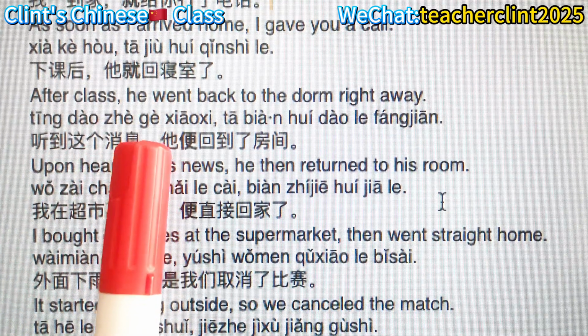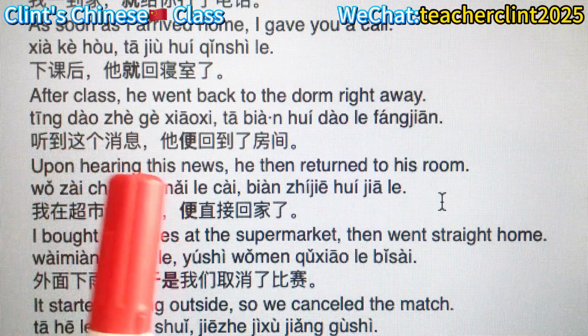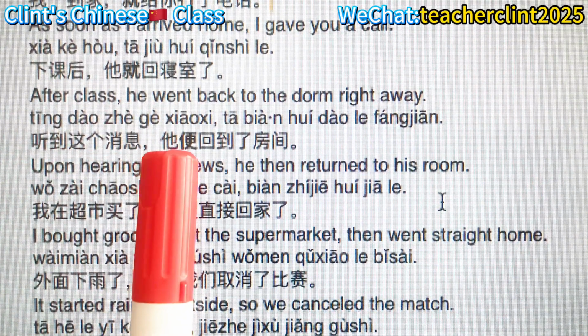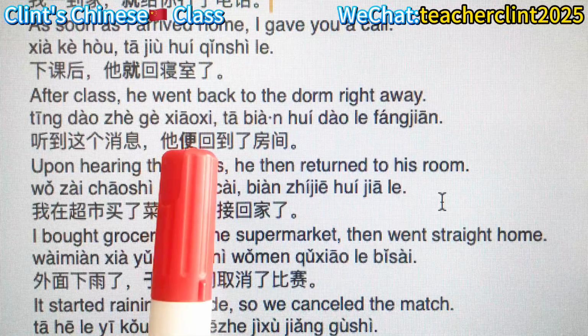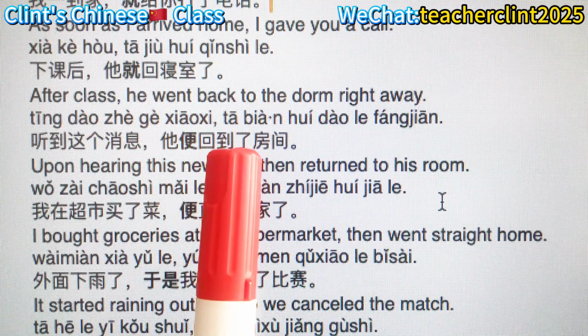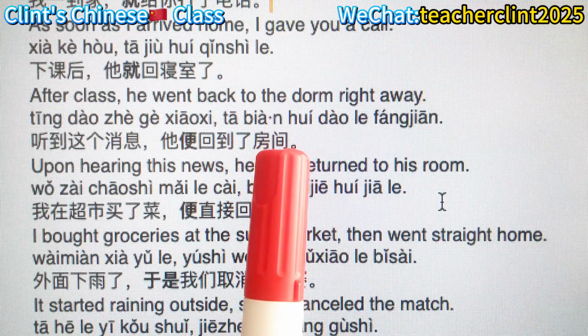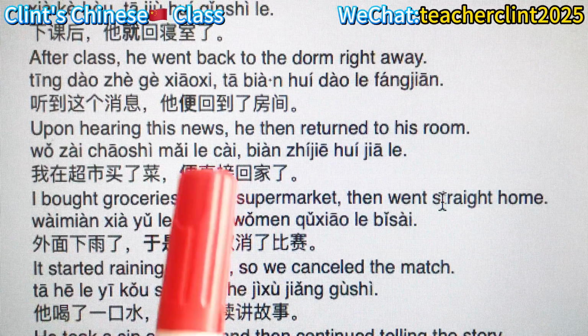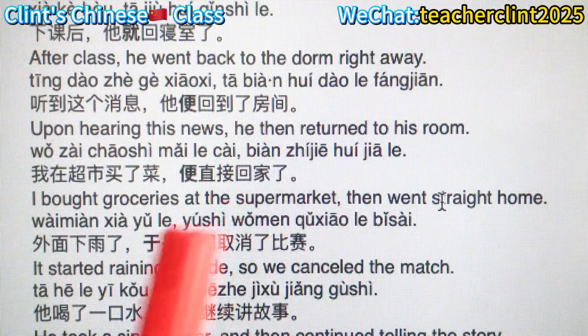So this is the first independent clause. The second, 他便 he is the subject 便 then 回到了 returned 房间 room. The second clause this time has the subject, right?